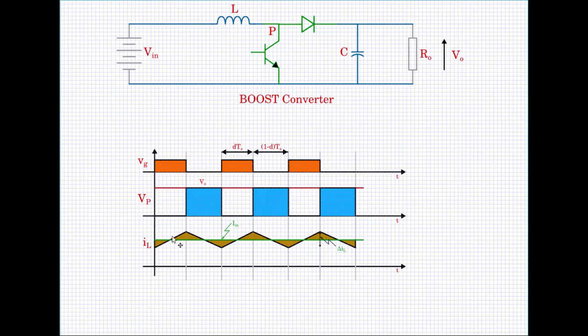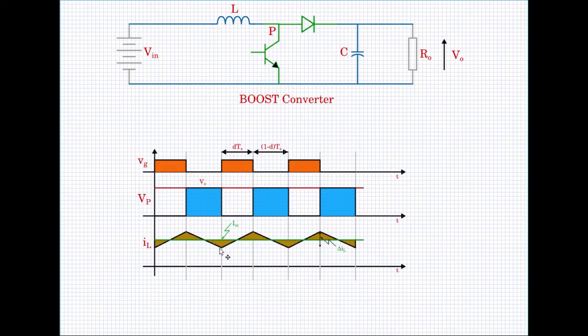It is rising with one slope and then falling with one slope and so on. The rising slope is during the time when the transistor is on, when Vp is connected to 0. So the rising slope is Vin, the voltage across the inductor, by L. This would be the Vin by L slope.